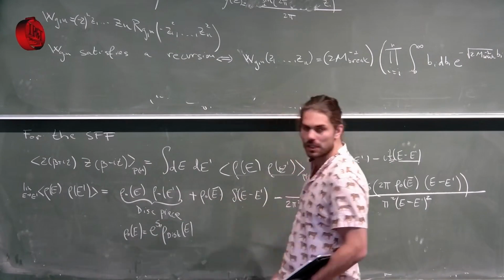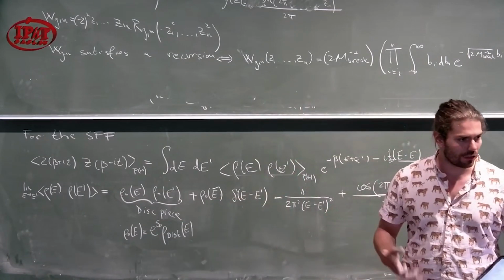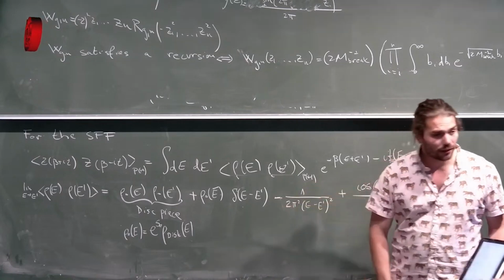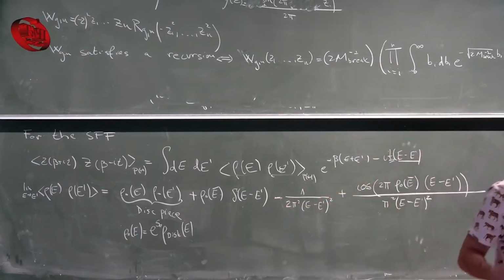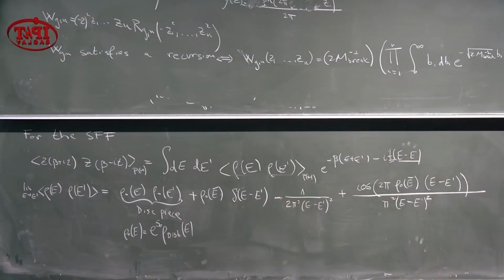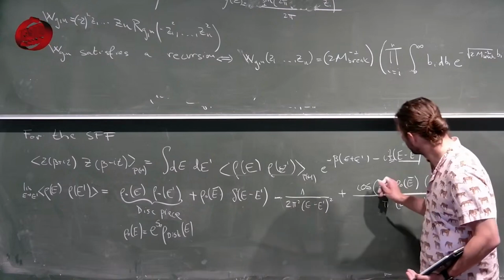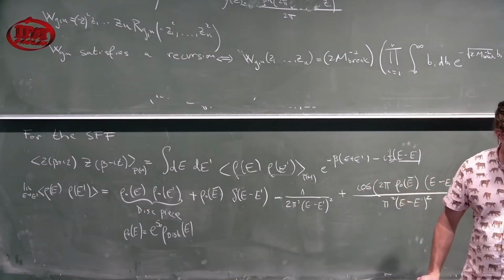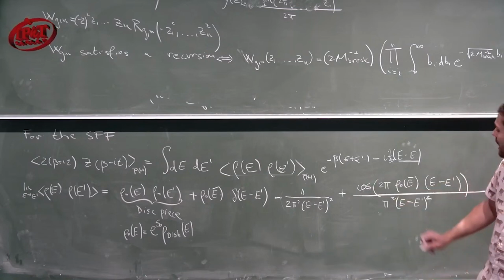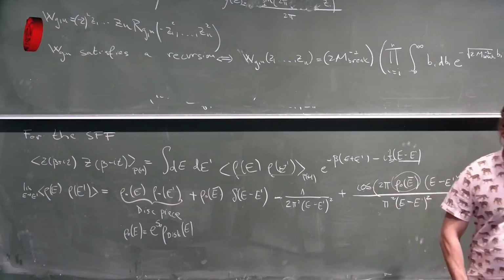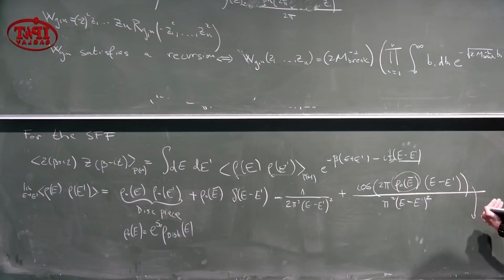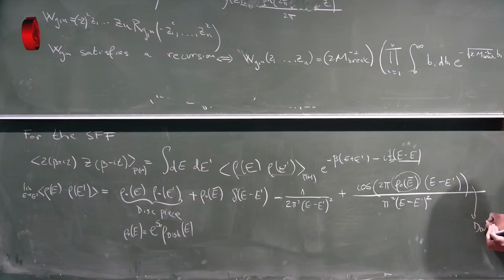This contact term seems subleading because it goes like e to the S naught. This piece goes like order 1. And that's what the wormhole contribution was that we discovered yesterday. And this piece, notice that it goes like the cosine is like an exponential. So it goes like an exponential of e to the S naught. So that's why this piece is doubly non-perturbative in 1 over G Newton.